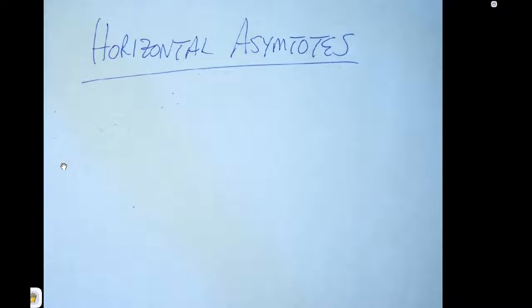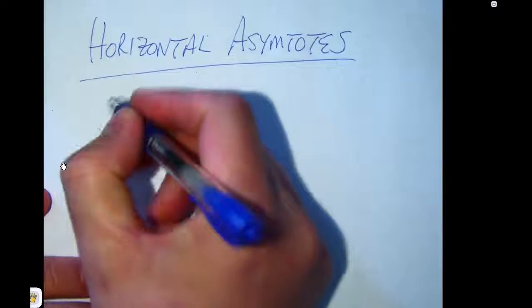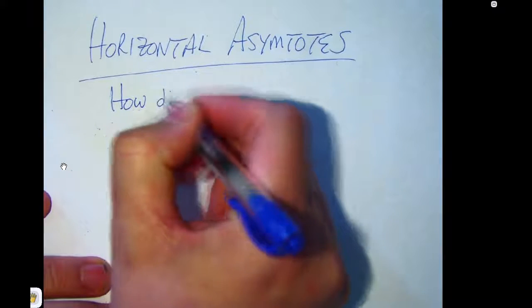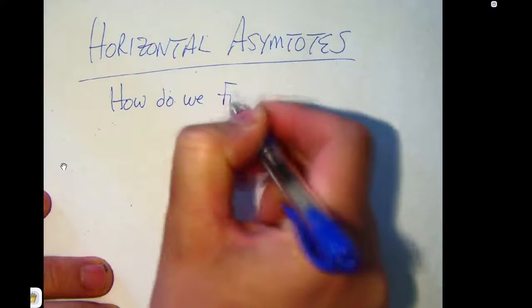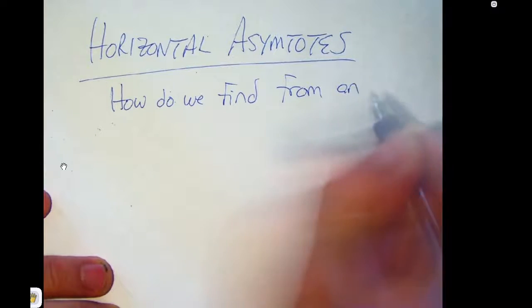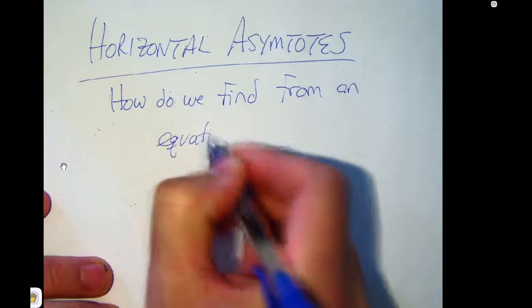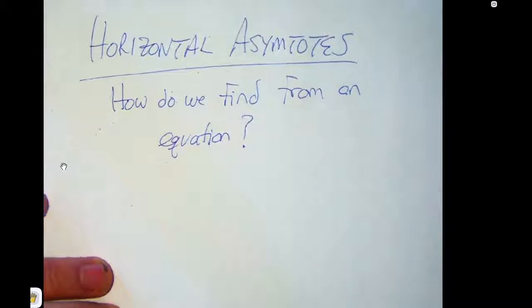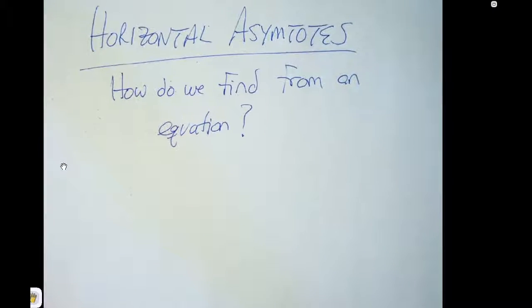Horizontal asymptotes. How do we find horizontal asymptotes? So if I have a graph, let's start there.